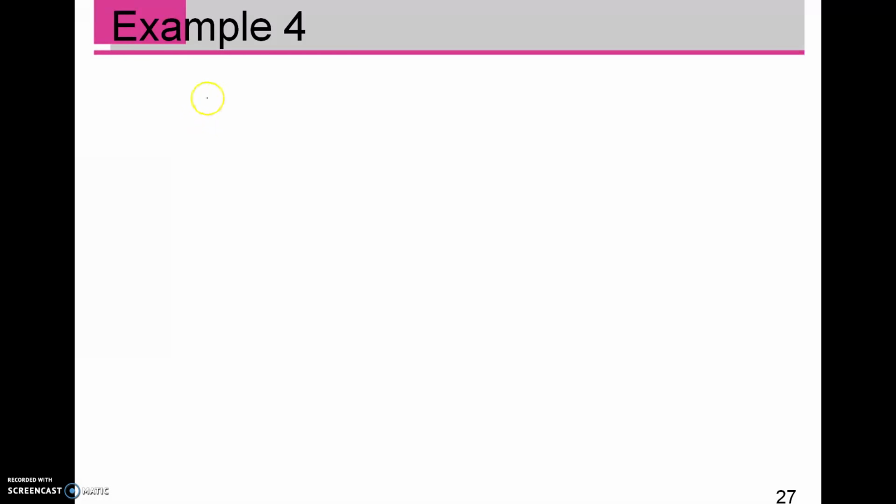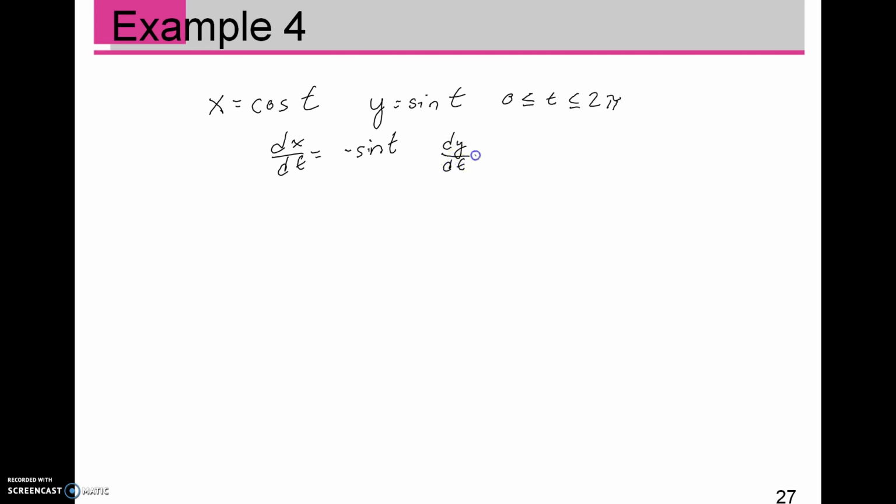We know we can represent the unit circle as x equals cosine t, y equals sine t. I'm going to try to do this quickly because I'm running long on this video. We know that dx dt equals negative sine t, and dy dt is cosine t.